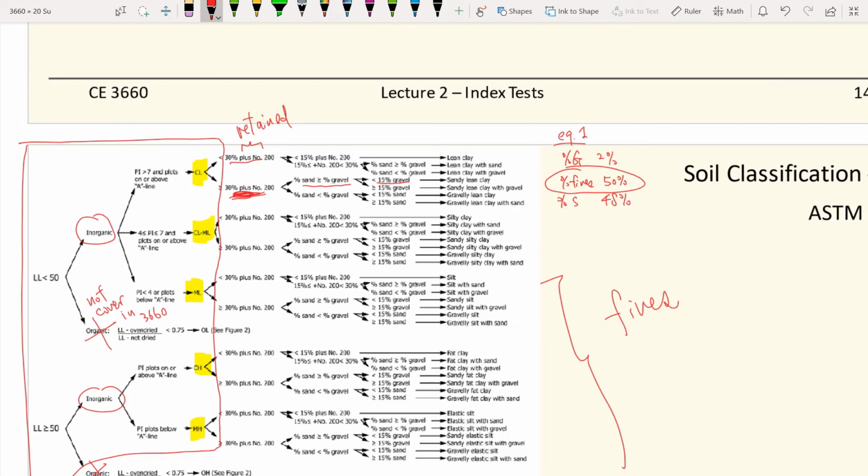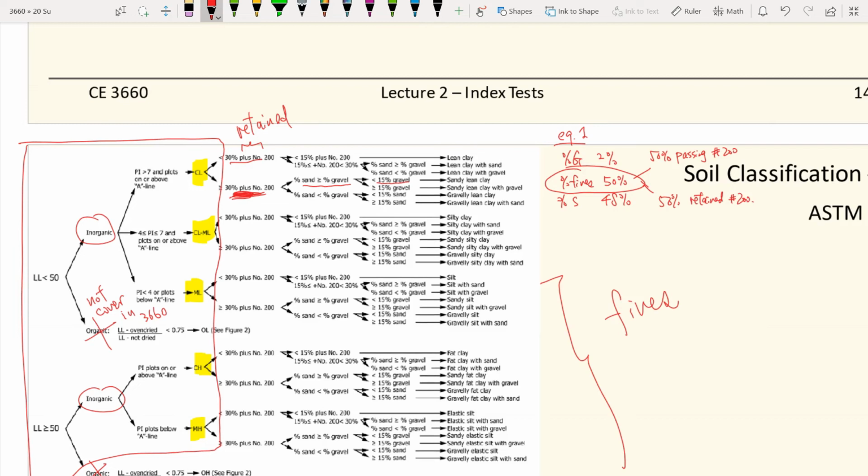So since we have 50% retained on number 200, we are here. Pretty much this means 50% passing number 200, and also 50% retained on number 200.